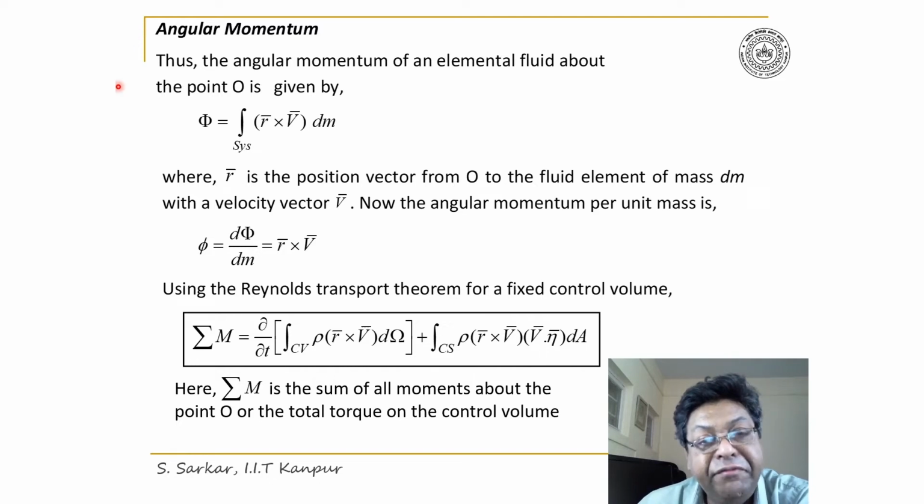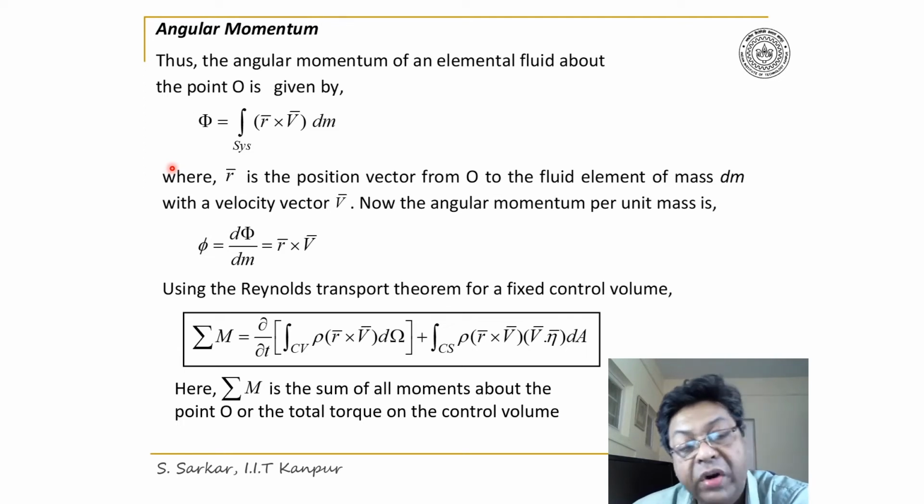The angular momentum of a fluid element of mass dm with respect to a point capital O is given by capital phi equal to integral of r cross v dm, where r is the position vector of the fluid element with respect to a certain coordinate system, and v is the velocity vector of the fluid element.